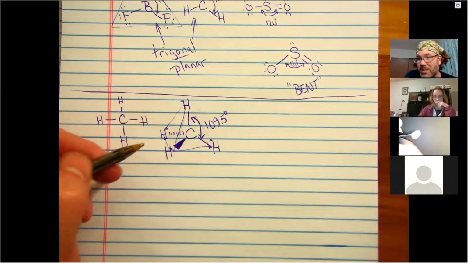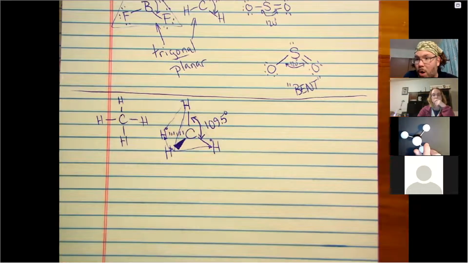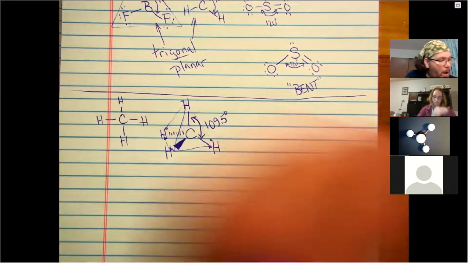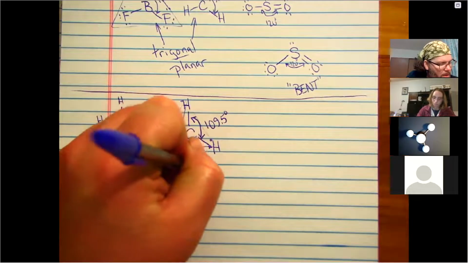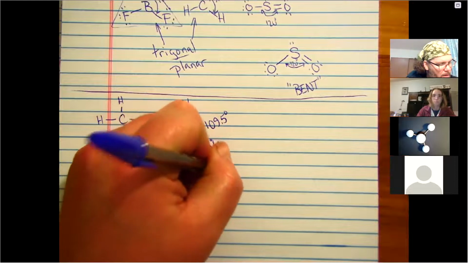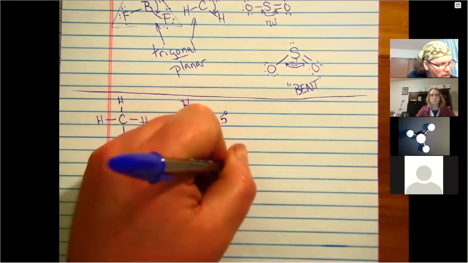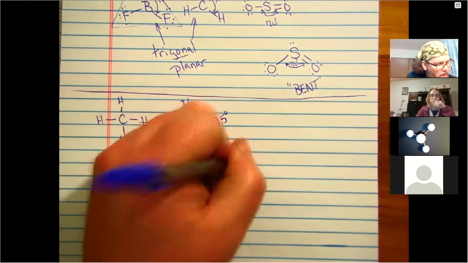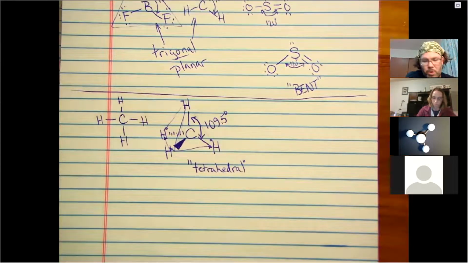What we end up with is a 4-sided figure where all 4 of the sides are exactly the same size. And the geometric name for that 3-dimensional shape is a tetrahedron. So that is why we named this shape tetrahedral.